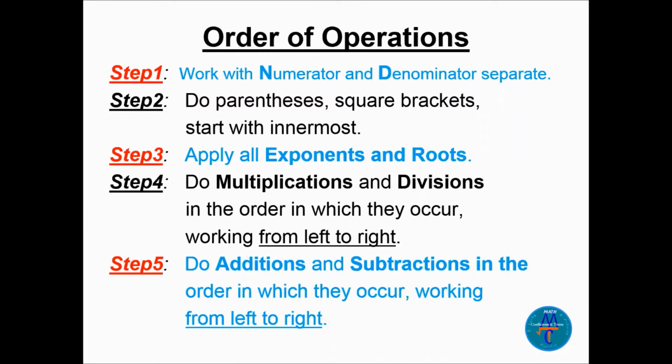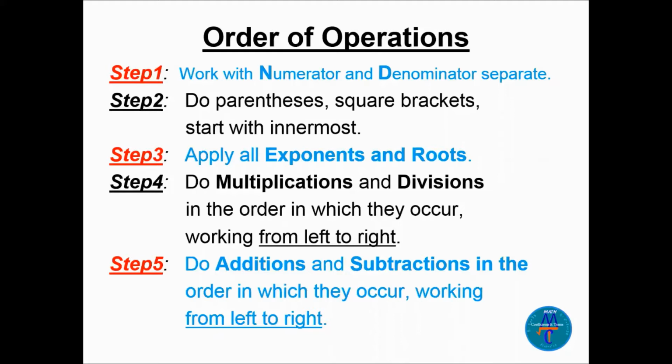Now, the order of operations. If you have any expression, if you have a fraction, start with the numerator and denominator separate. So whatever numbers are there, simplify them until you get one number. Simplify each numerator and denominator separate.